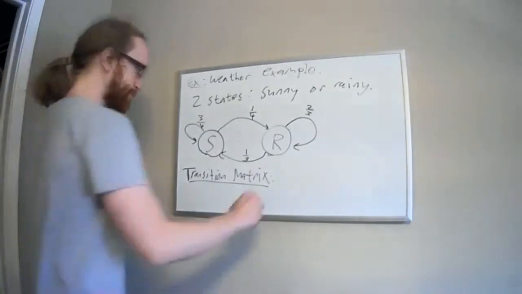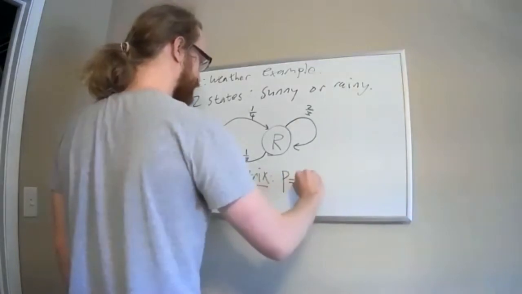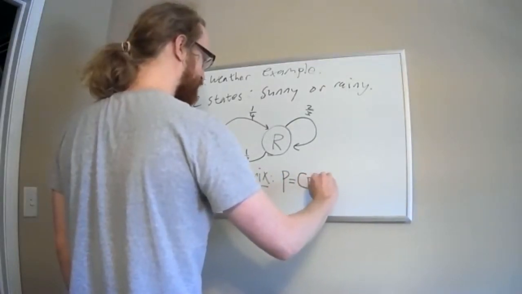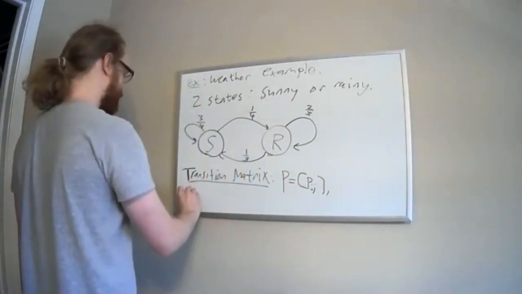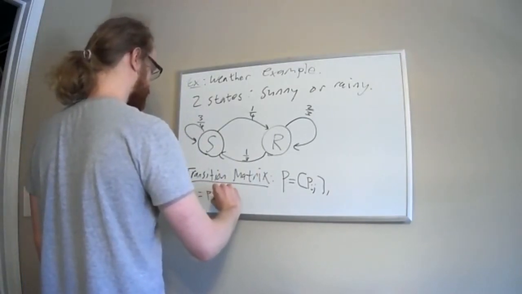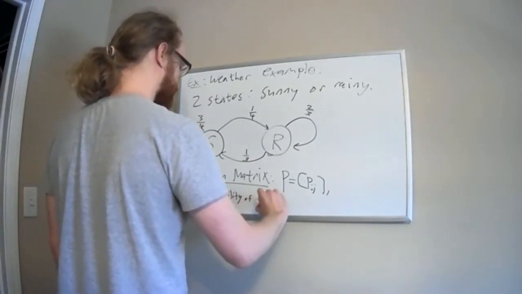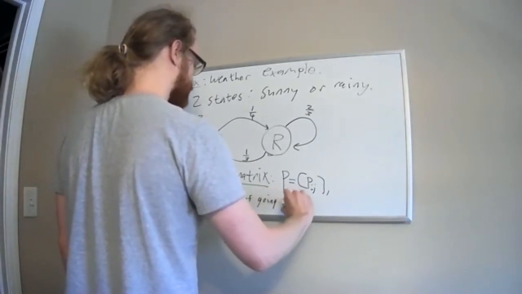So this transition matrix is just the matrix whose entries are these Pij's. So again, Pij is the probability of going from state i to state j.